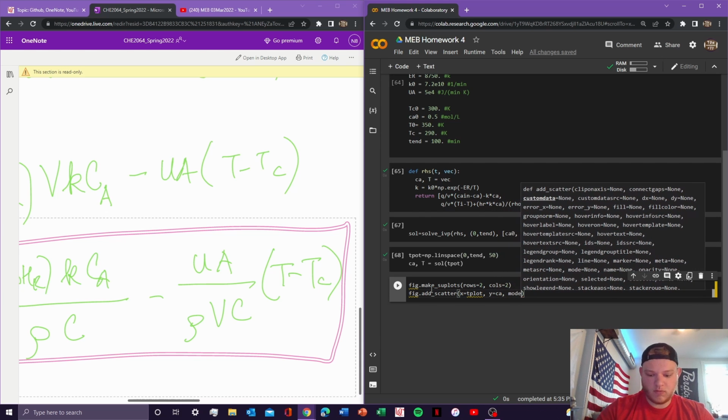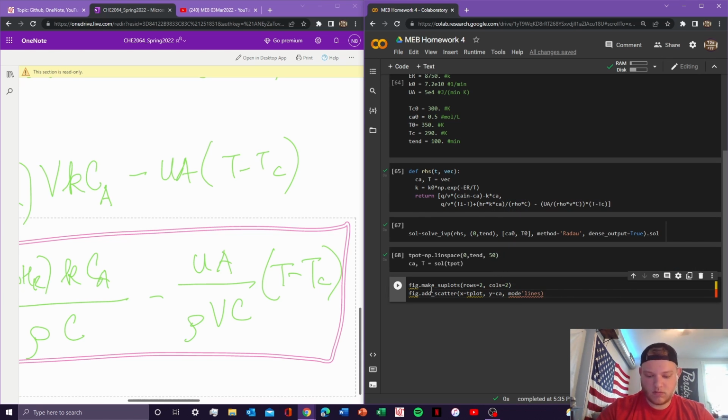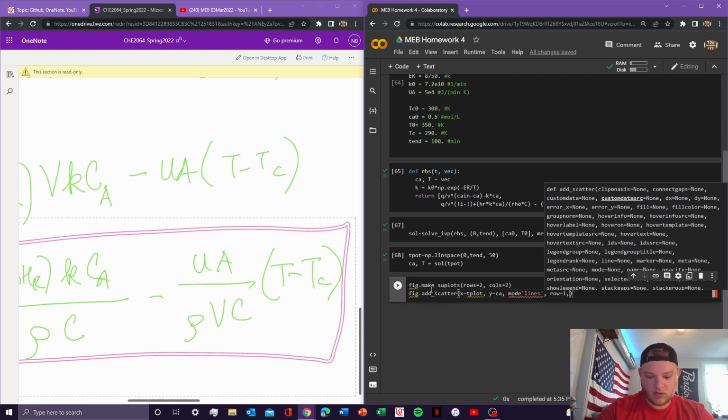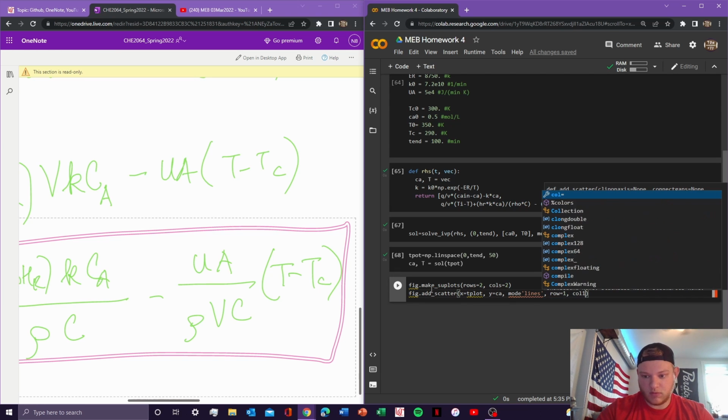The mode, we want that to be lines. Row, we want that to be 1. Column, we want that to be 1.